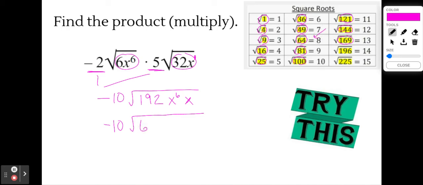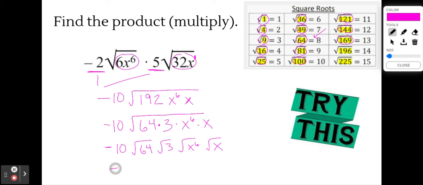So if I take 192 divided by 64, it will be 3. 64 times 3. Then I'm going to keep it x to the 6th times x. And if you want to pull them all apart, you can. So square root of 64, square root of 3, square root of x to the 6th, square root of x.